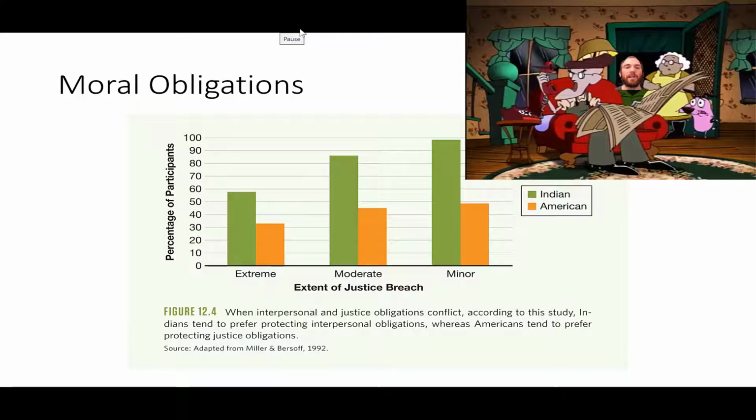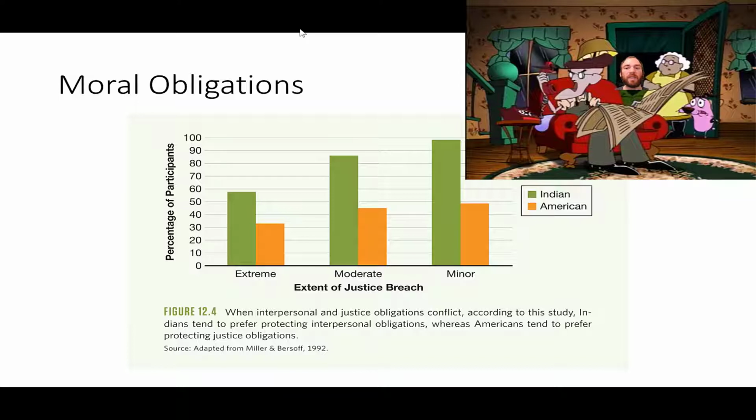And just to highlight some empirical support of the differences in moral obligations, in a study of moral dilemmas that pitted justice, that is autonomy, violations against interpersonal, that is community, violations, between Americans and Indians, researchers found that regardless of the severity of the violations, Indians consistently chose to uphold interpersonal obligations more than Americans did.